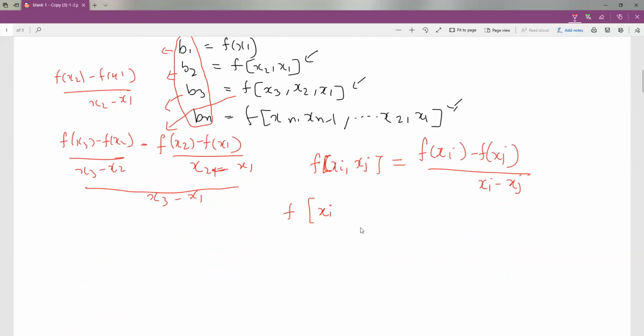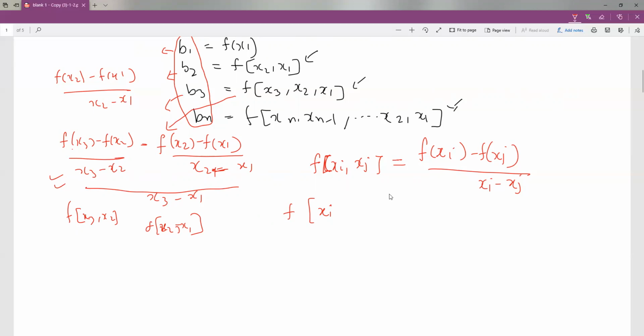So we can write, for example, in this case, basically the slope, x3 minus x2, so f of x3, x2, and f of x2, x1, and the difference of that divided by x3 minus x1 will give you the coefficient.